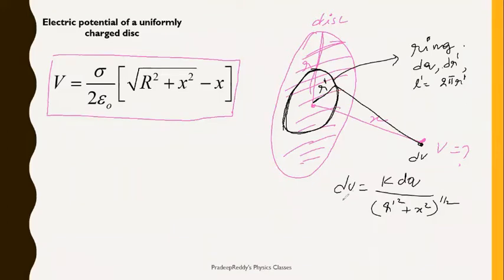This is dV. Now you need to integrate this, but here R dash is not constant. R dash is variable. R dash varies from 0 to R.